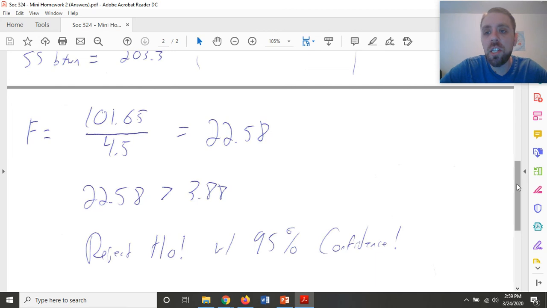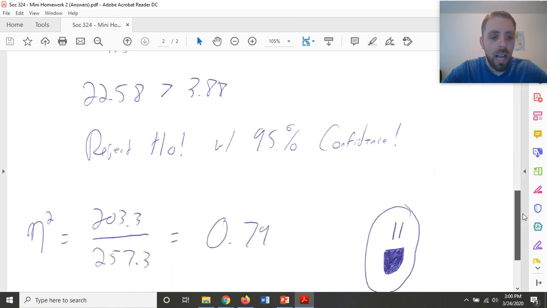Now, what if we wanted to do eta squared here? Okay, well, we might find something very different than what we found with the weak and insignificant relationship of the first example that we've done. So eta squared equals 203.3 divided by 257.3. Where did those numbers come from?